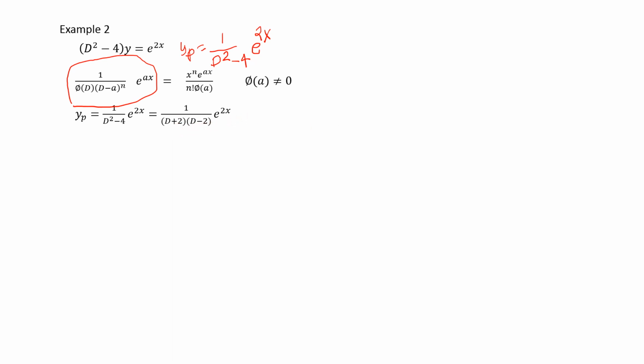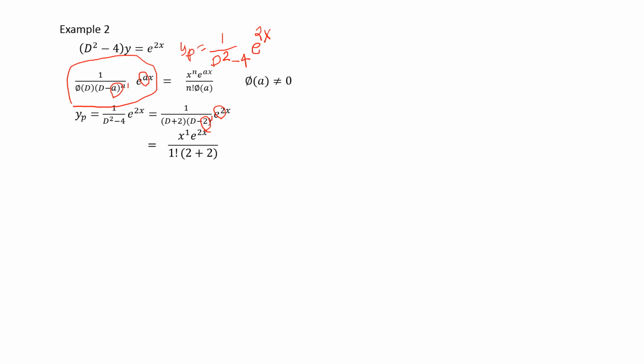Now, observe, this 2 is the same as that. So look at the formula. This a there is the same as that a there, with n equal to 1. So, using that formula, what is our power? Our power is 1 here.